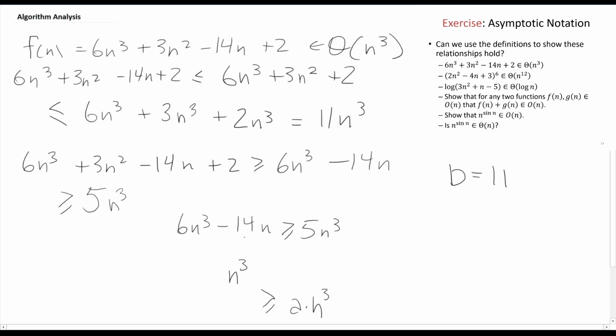Then I'm going to do plus 14n on each side. So we now have n cubed is greater than or equal to 14n. I'm going to cancel out, and we write n squared must be greater than or equal to 14. Taking the square root of both sides tells us that n must be greater than or equal to root 14.